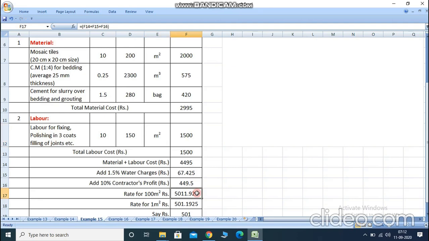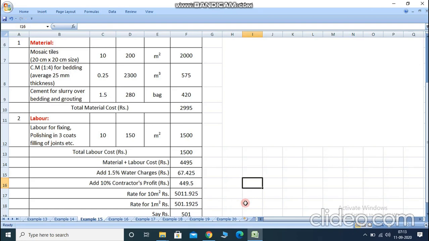We got the answer for the rate for 10 meter square of mosaic tiles. Rate is 5011 rupees 9 paisa. Now for finding the 1 meter square rate, 5011.0925 divided by 10.